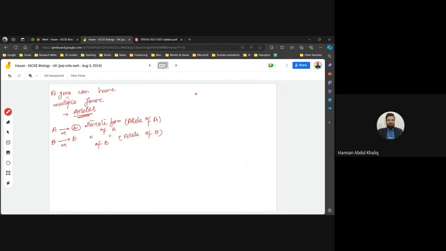Let's draw chromosome number 1 from the father and chromosome number 1 from the mother. This is the first locus, second locus, third locus. Same, first locus, second locus, third locus. These are chromosome number 1.